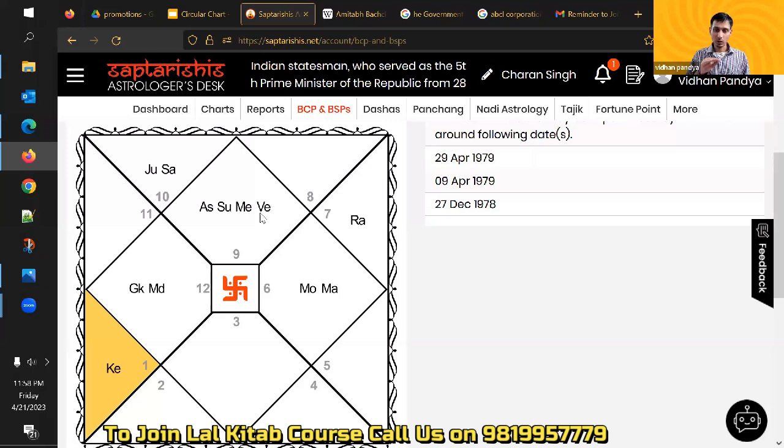All the prime ministers, all the presidents will have the highest points in the Ashtak Varga either in the 10th house or in the 11th house. In some cases, you will see the 9th house and 3rd house also achieving the highest Ashtak Varga score. But in most cases, you will see the 10th house or the 11th house has the highest Ashtak Varga score in any head of the state, be it the Prime Minister of UK, US, or anywhere else in the world, right?